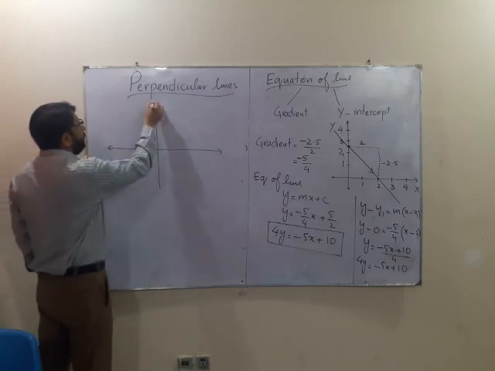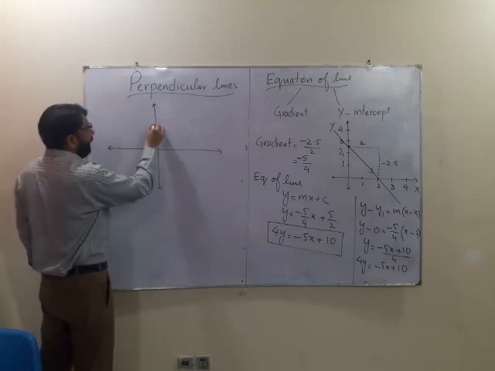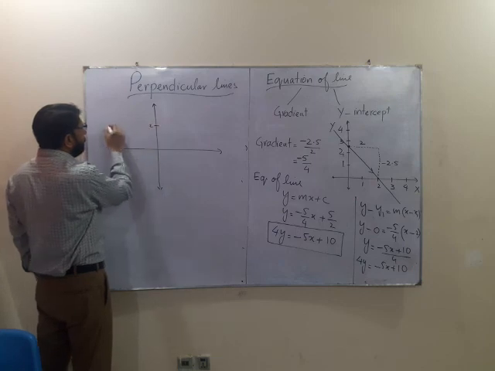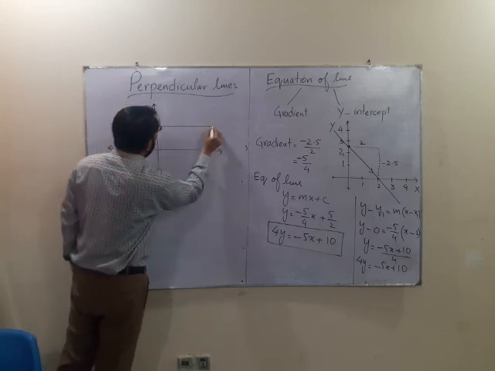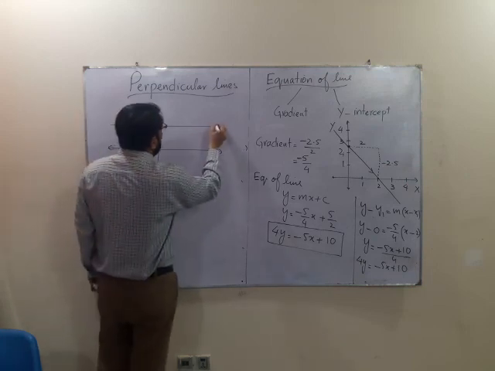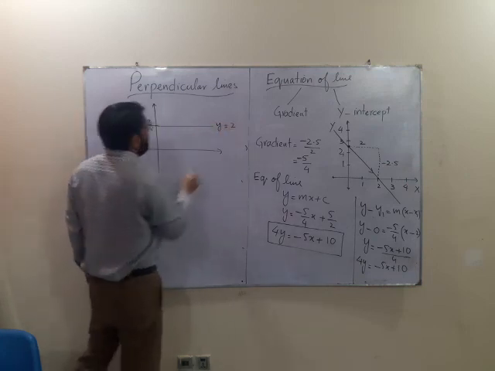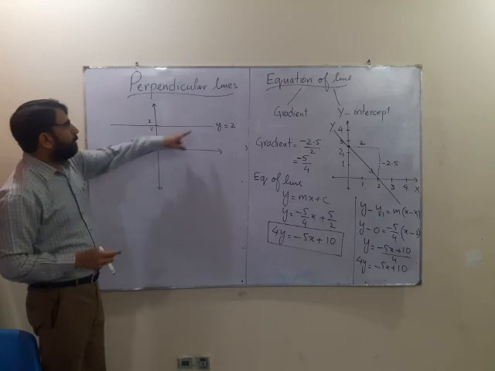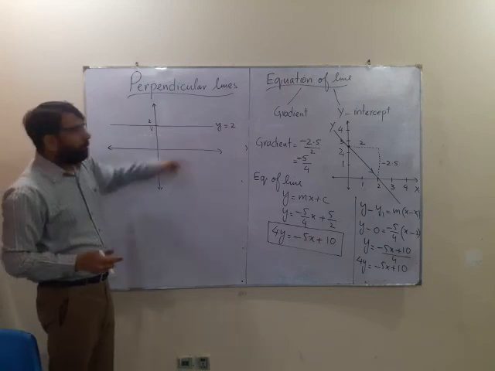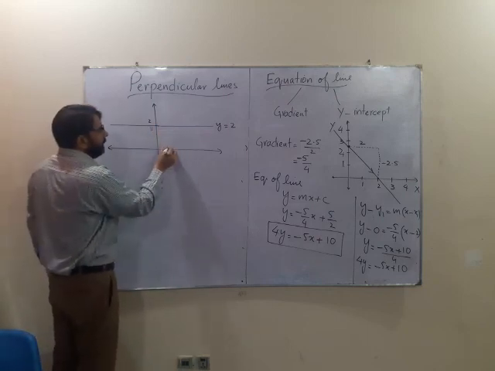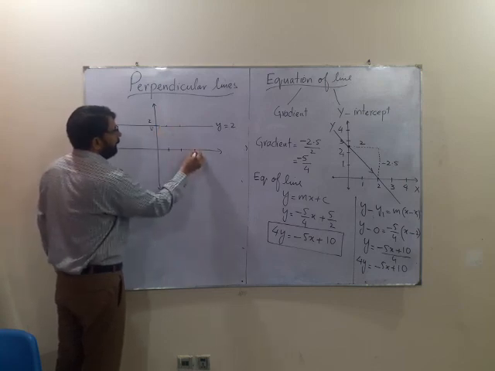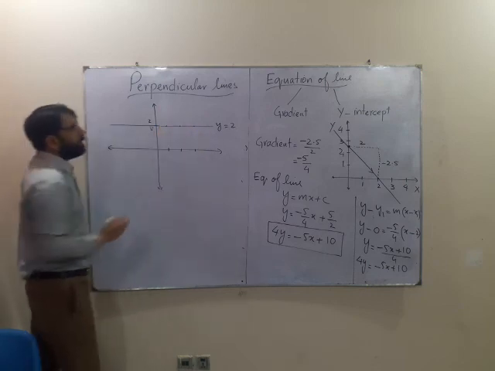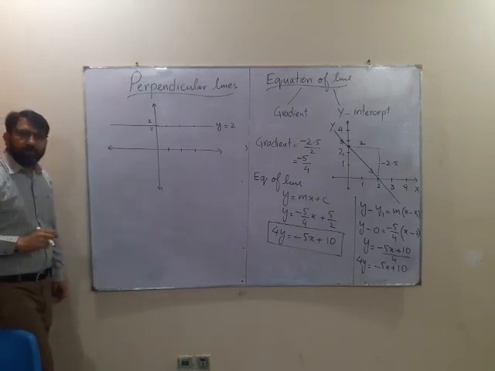If this is the situation here and this line is passing through 2, we know it is given by the equation y equals 2, because if you see here at 1 it is 2, at 2 it is 2, at 3 it is 2, everywhere the y coordinate is fixed.